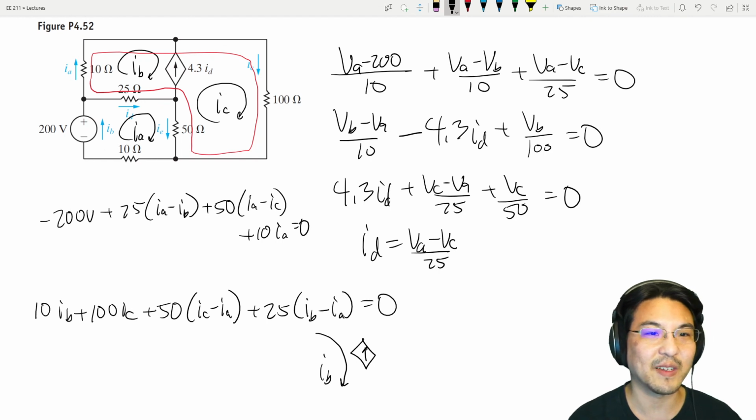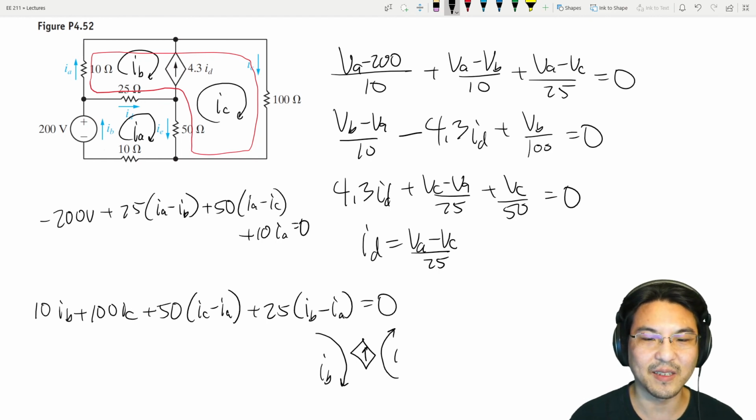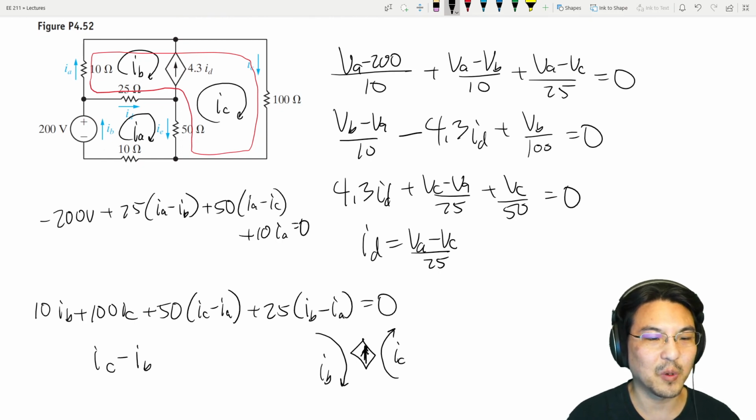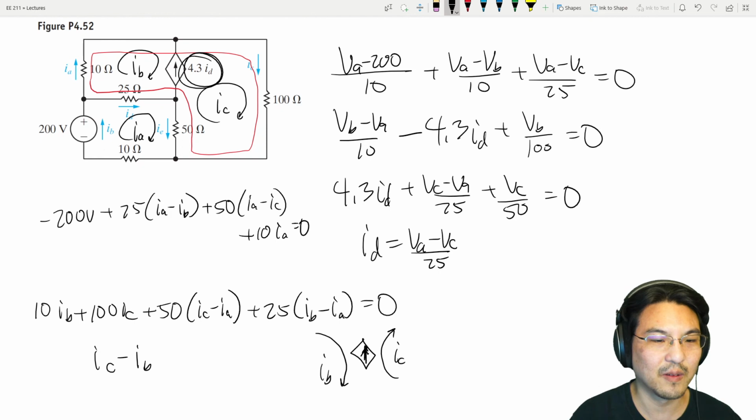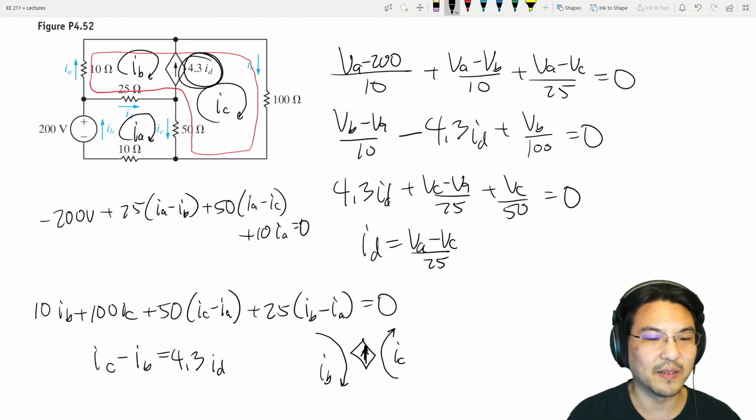IB is on the left side, and then IC is on the right side. So which one is more? If you look at this arrow, IC is more. How much more? This much more. 4.3 ID.